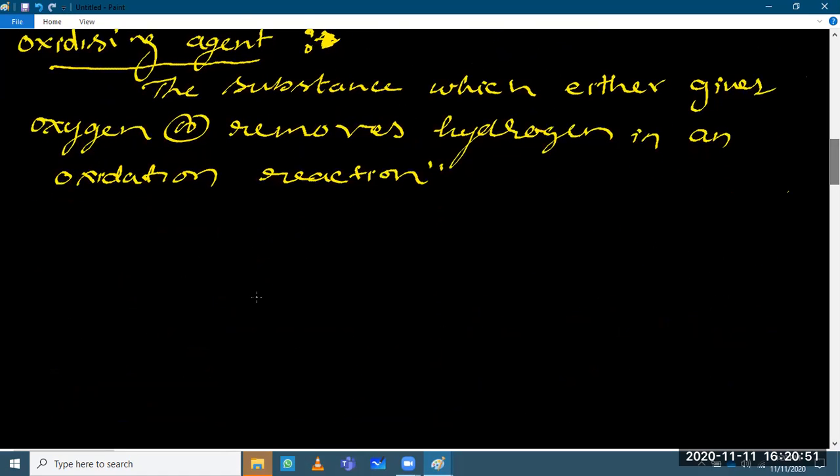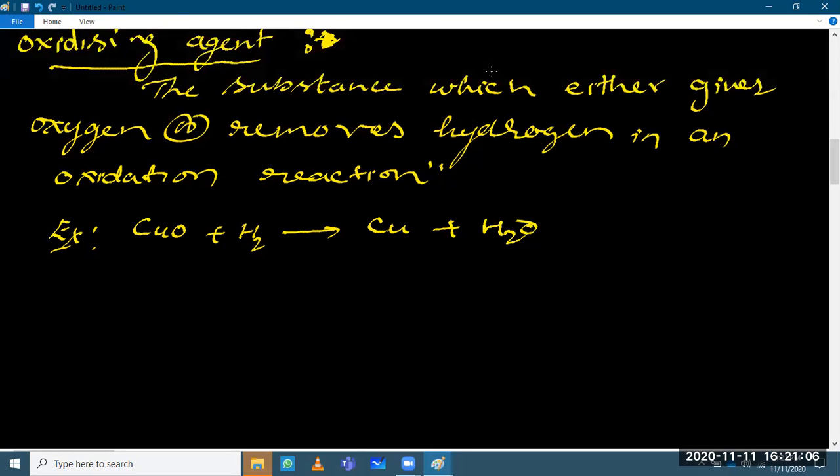So let me take an example. Here, from the above example, CuO plus H2 gives rise to Cu plus H2O. Look at here. Here the oxidizing agent is the substance which either gives oxygen or removes hydrogen in an oxidation reaction.